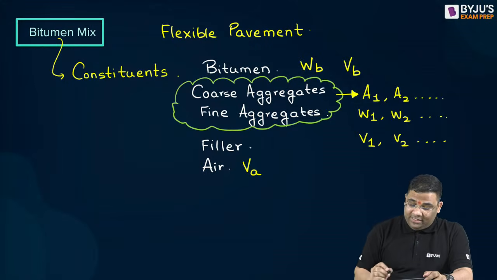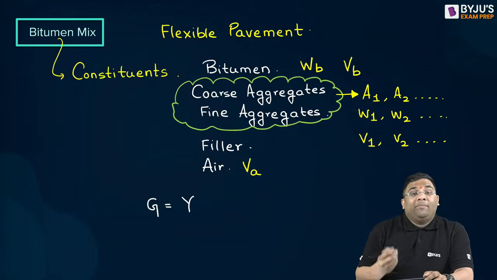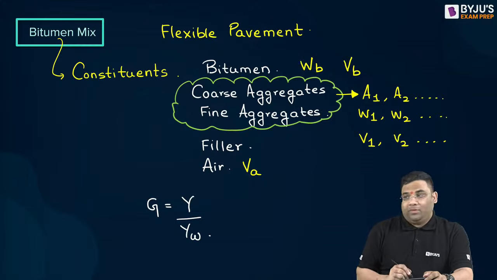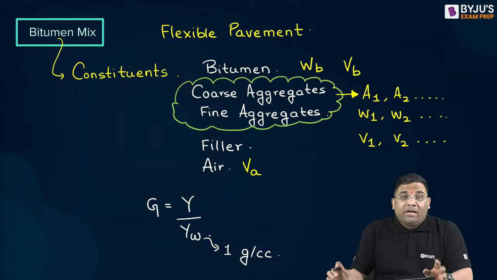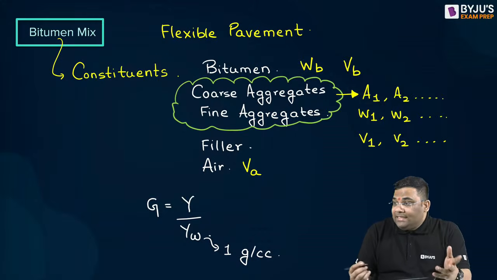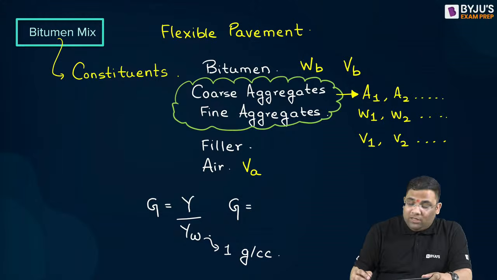Now, what is specific gravity? We know that specific gravity is the unit weight of a particular substance divided by the unit weight of water. Now, if I take the unit weight of water as 1 gram per cc, means expressing the unit weight in gram per cc, then I can say that the G will be numerically equal to what?